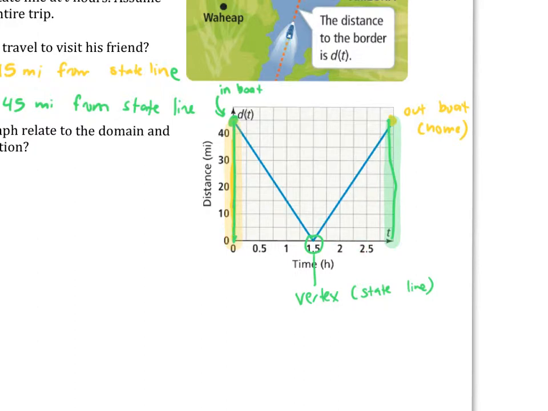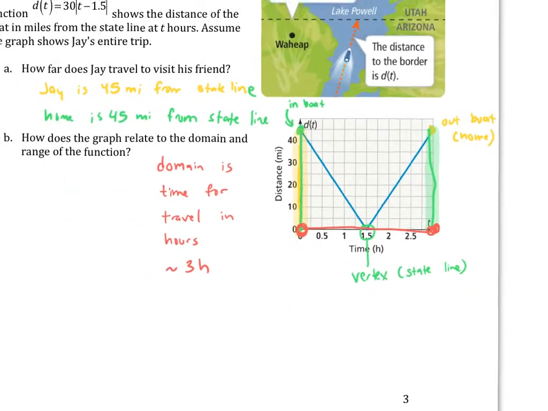So the domain is time for travel in hours. And we can actually put a number on that. From here to here is where he stops. He gets out of the boat, and I'm going to say approximately 3 hours, only because I don't know for sure, but my guess is that's an accurate description.